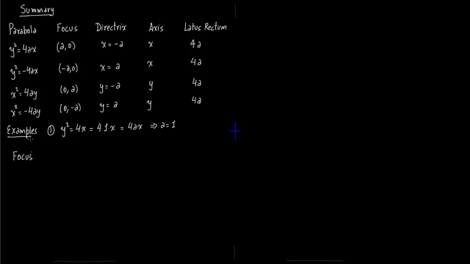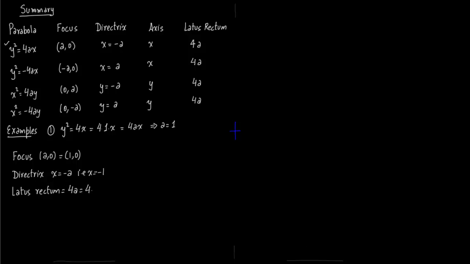The focus is given as a comma 0, so now we are talking about the first parabola. I've just checked it. So the focus is 1 comma 0. Directrix, you can see in the first row, is x equals to minus a, so it should be x equals to minus 1. And the latus rectum is 4a, so that would be 4 times 1, 4.